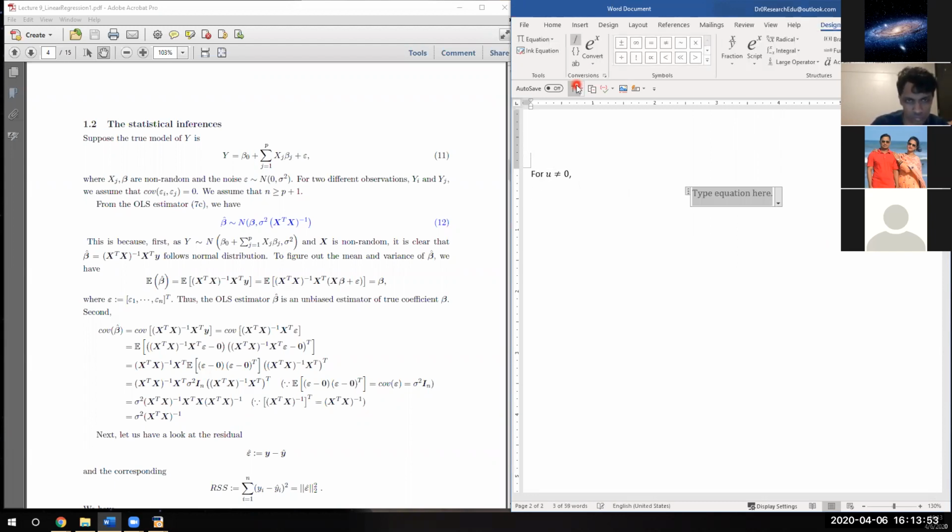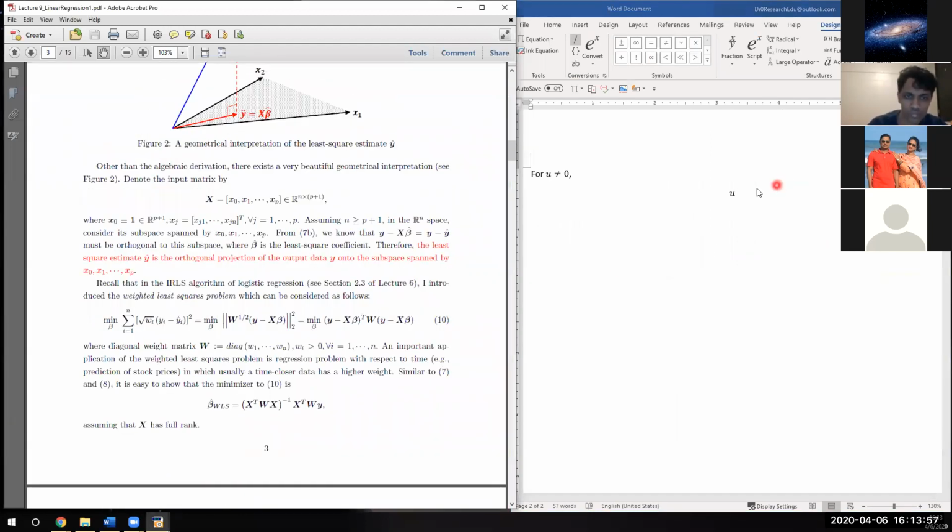You're going to have u times X^T W X times u^T. This equals what? And be careful that my W is a diagonal matrix with all elements on the diagonal greater than 0, so that I can decompose this one this way.